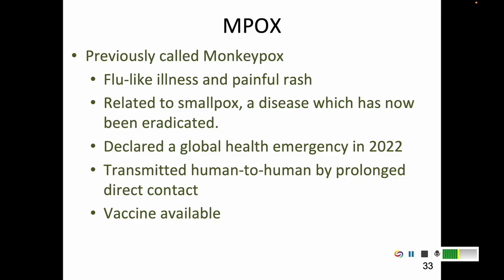The way we first treated this was that some smallpox vaccines and drugs were able to treat MPOX, although we have more specific MPOX treatments available now. This was declared a global health emergency in 2022, and it is spread through human-to-human direct contact. That means skin-to-skin, usually prolonged skin-to-skin contact, with someone's rash physically touching your body.